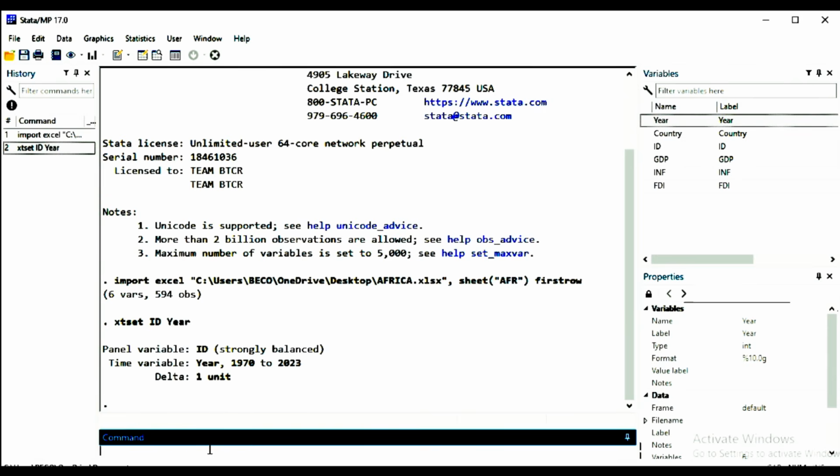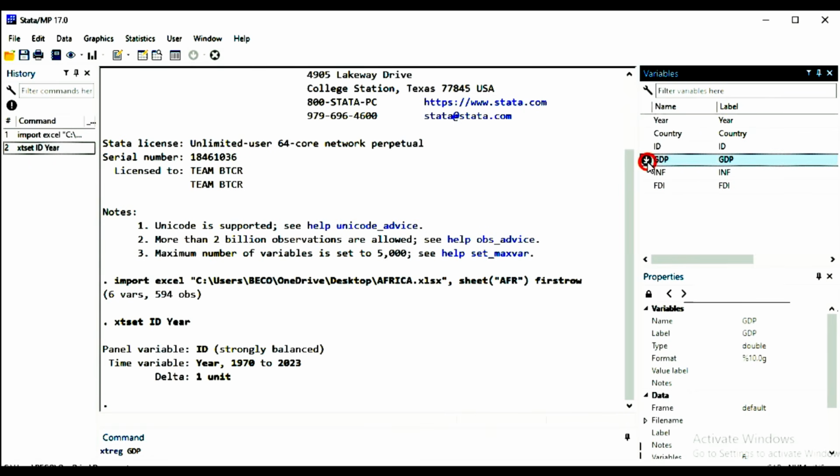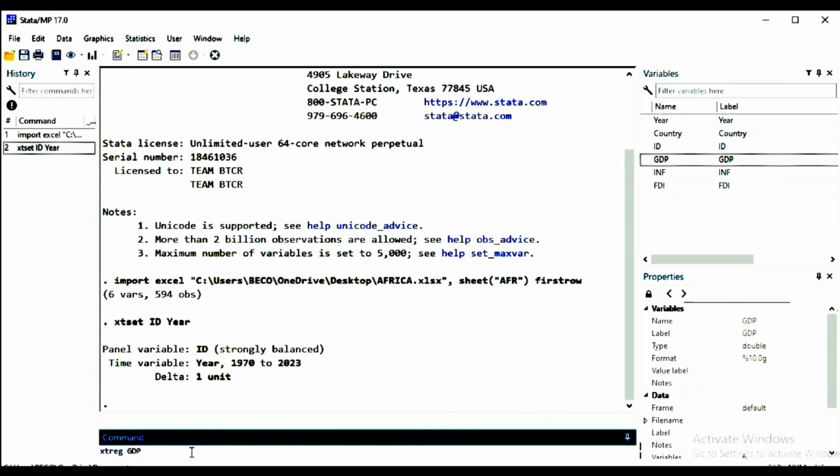To do that, you need to type this command, that is xtreg. Then choose the dependent variable first, that is GDP, and then the independent variables one by one.